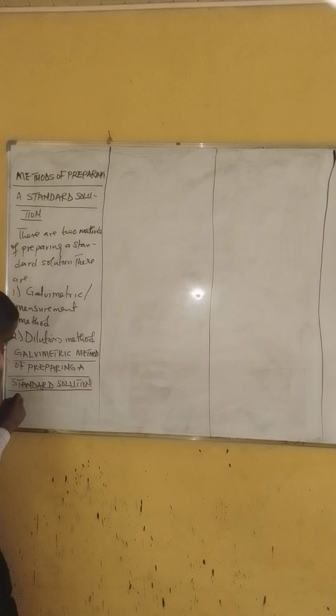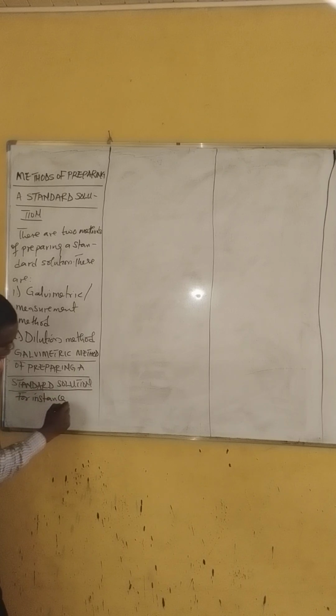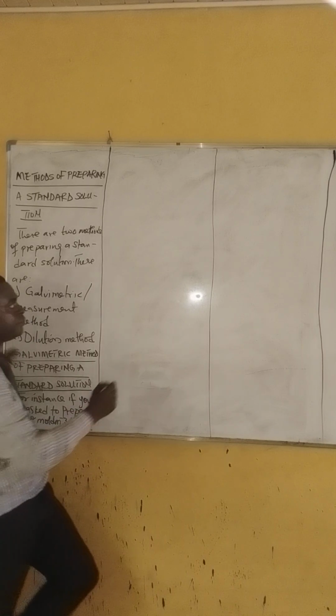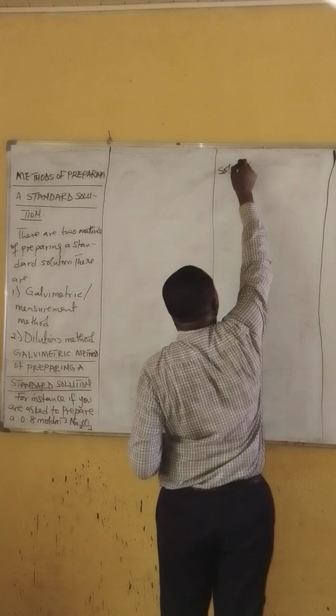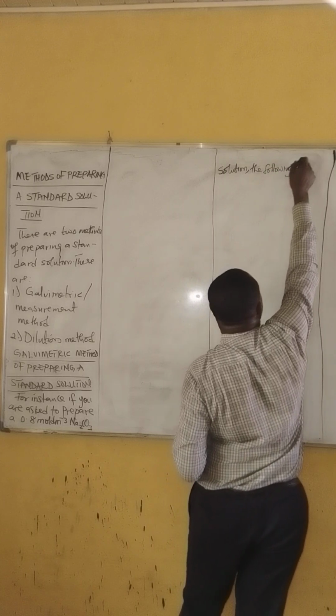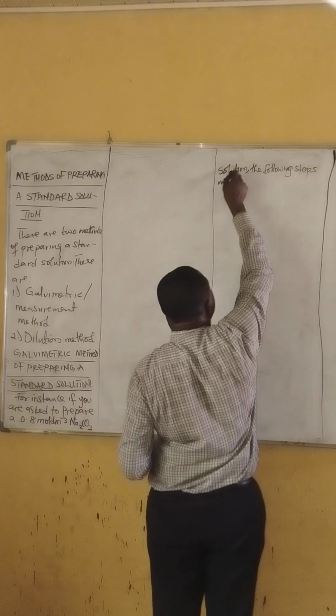For instance, if you are asked to prepare a 0.8 mole per dm³ Na2CO3 solution, the following steps must be taken.